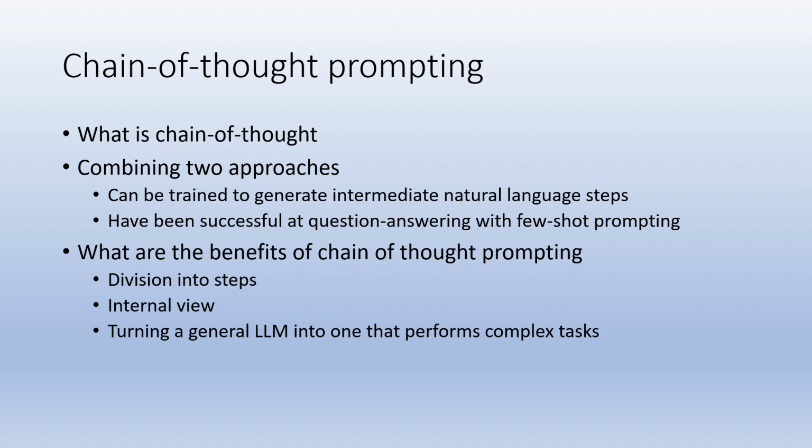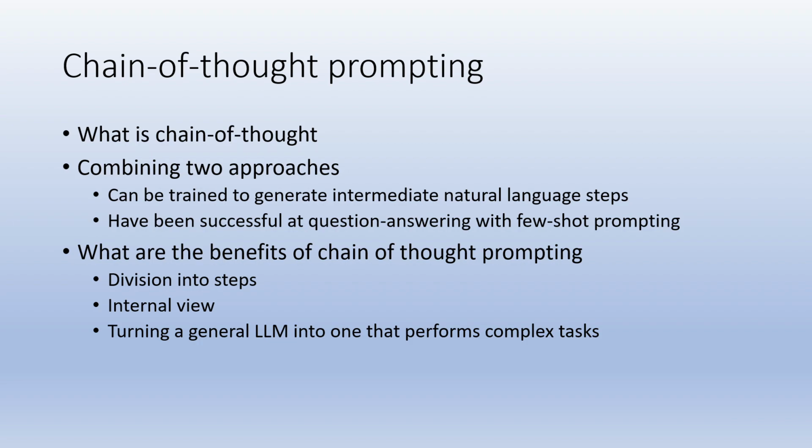And this is what is trying to be emulated in chain of thought prompting for these models, for these arithmetic reasoning tasks. So in chain of thought prompting, we try to combine two approaches. One is that large language models can be trained to generate intermediate natural language steps. So giving these intermediate rationales to the model is of very much added benefit.